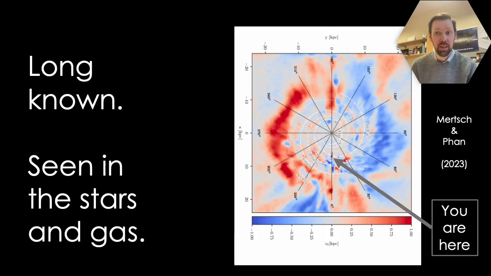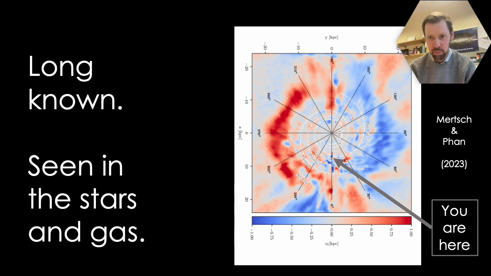I rather like this illustration by Murch and Fan from a paper just last year, where they show the positions of gas in the galaxy in terms of is it above or below the flat plane towards the center of our galaxy. So here they're coloring red for above the plane and blue for below the plane.